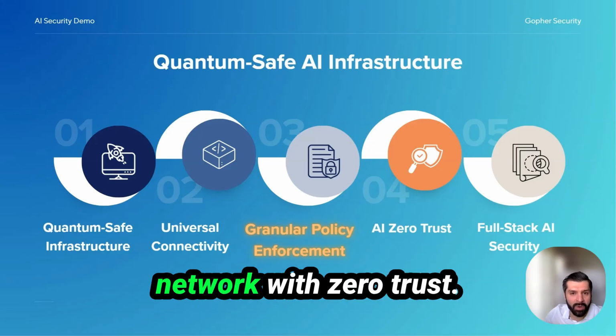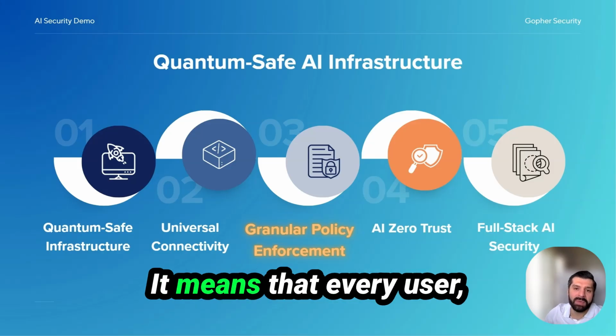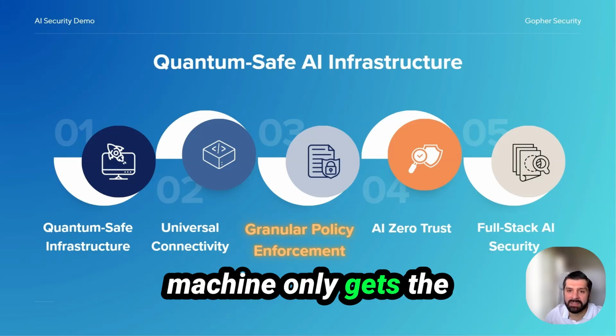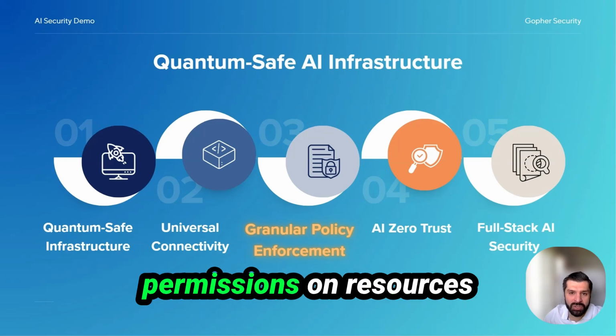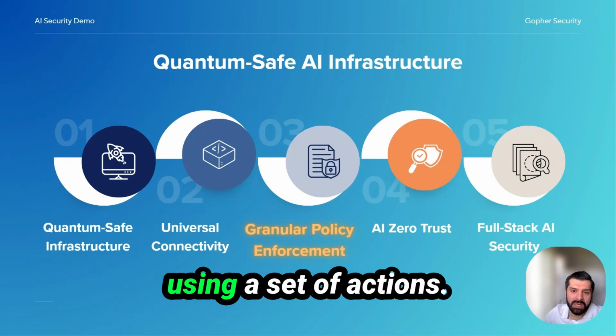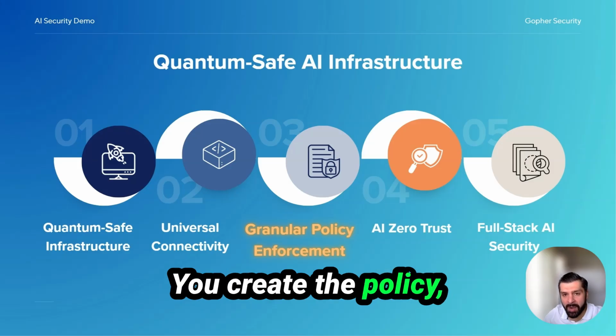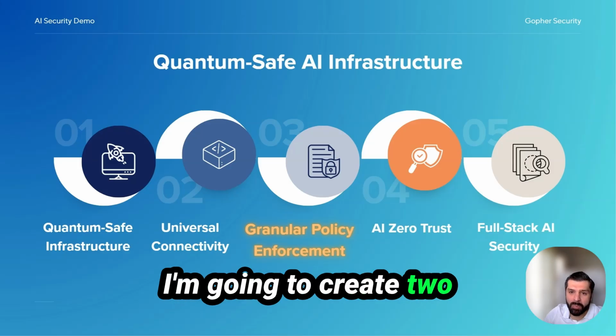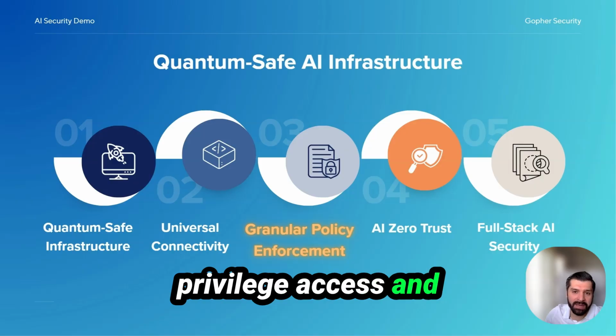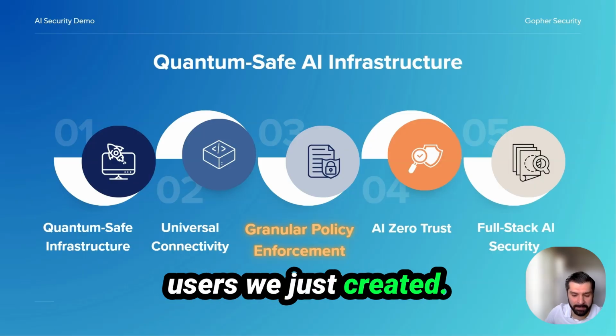That's just a private network. With zero trust, every user and machine only gets the exact permissions they need and nothing more. Policies enforce permissions on resources using a set of actions. You create the policy, then attach the users, groups, or networks. I'm going to create two policies with different privilege access and attach them to the new users we just created.